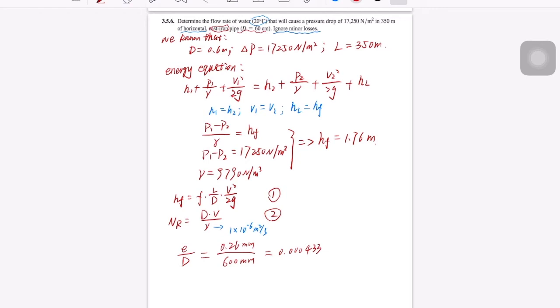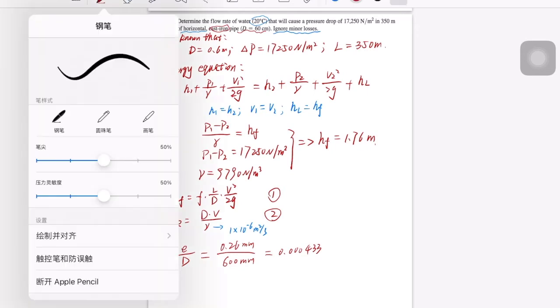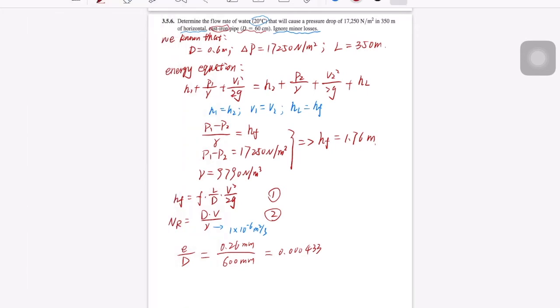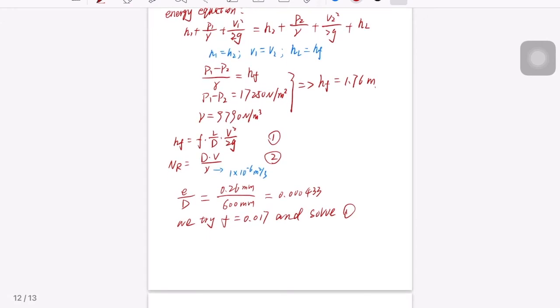And then we use this relative roughness and the Moody diagram to obtain a trial F value by assuming that flow is in complete turbulence. So we try F equals 0.017 and solve equation 1.